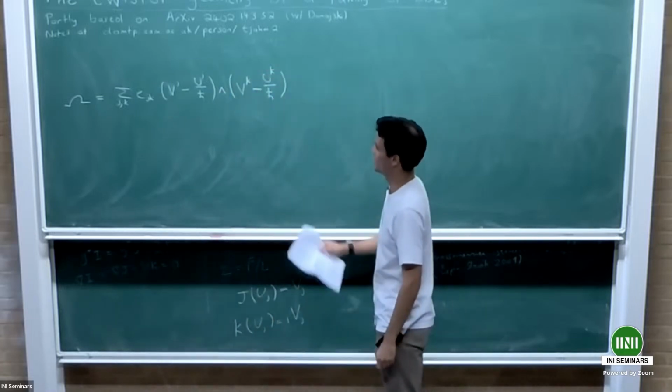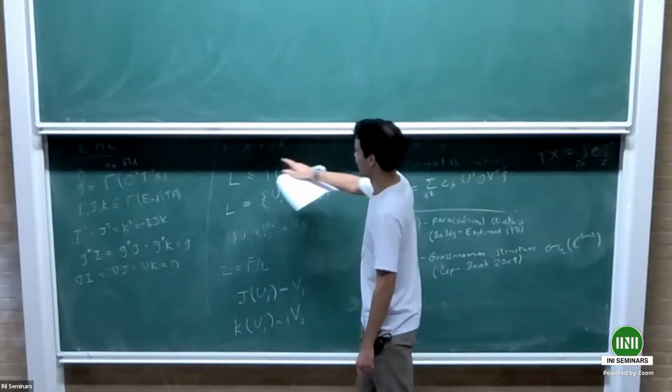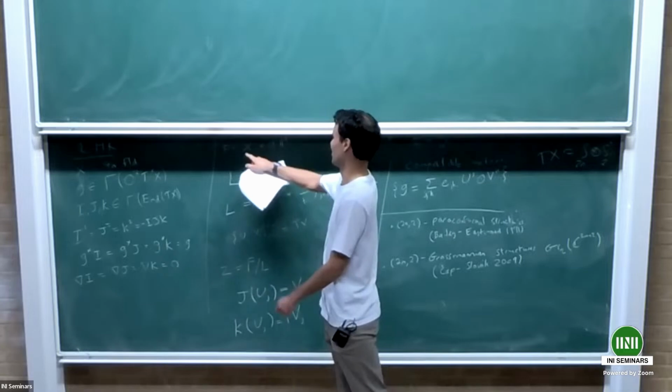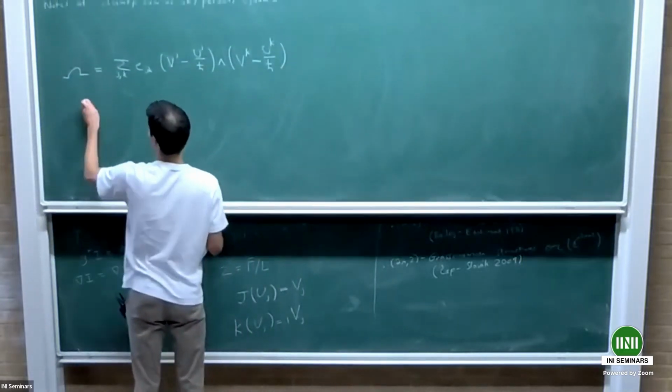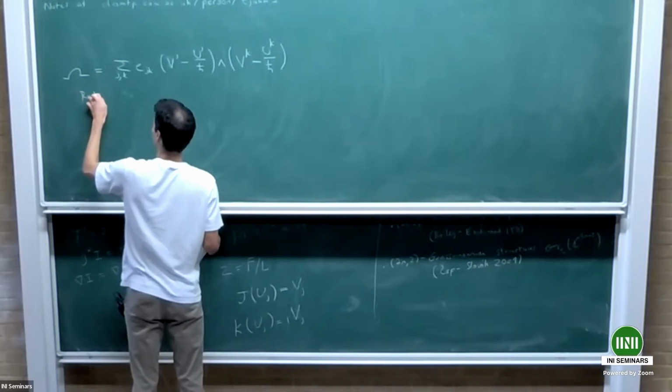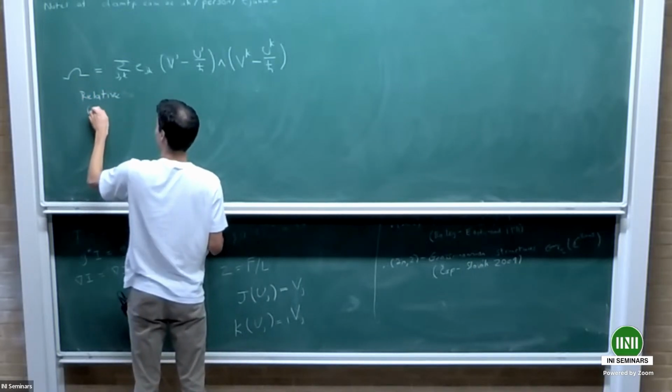And so what sort of 2-form is this? Well, as a 2-form on F, I can think of this as a relative 2-form because it's just a product and there are no dH bar terms. So this is a relative 2-form, which in this context just means no dH bar terms.